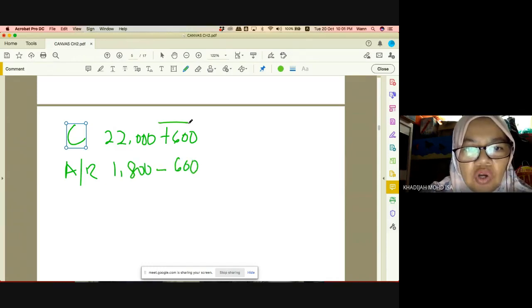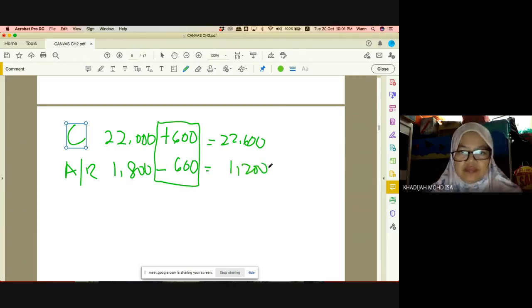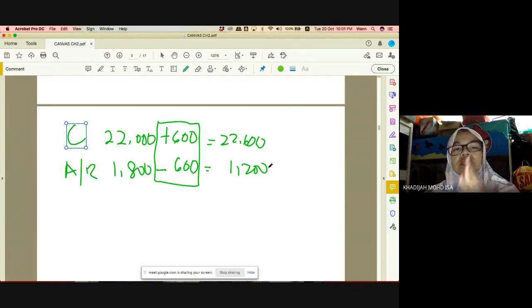See, it knocks off 600. So the value here becomes 22,600 and here becomes 1,200. So total asset will still be the same. It's just that the amount of each asset changes: increase in cash, reduce in accounts receivable.